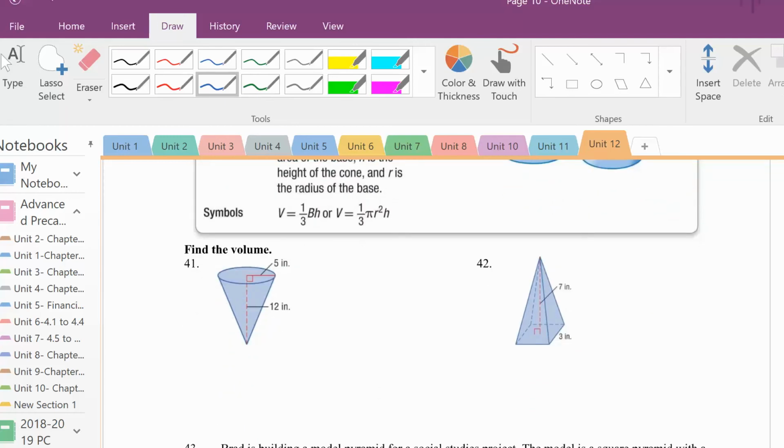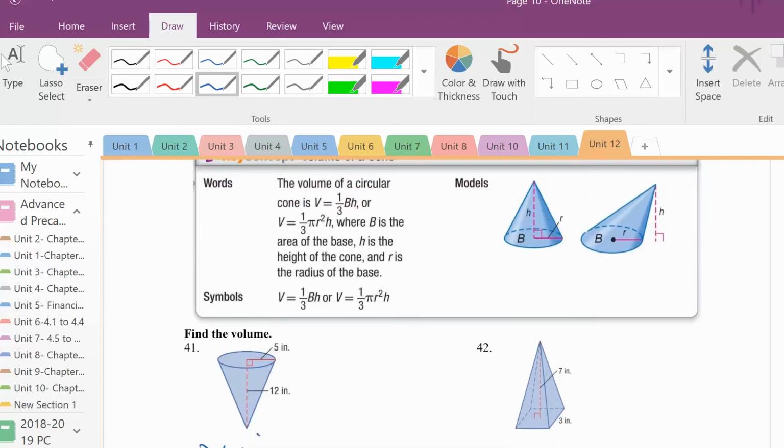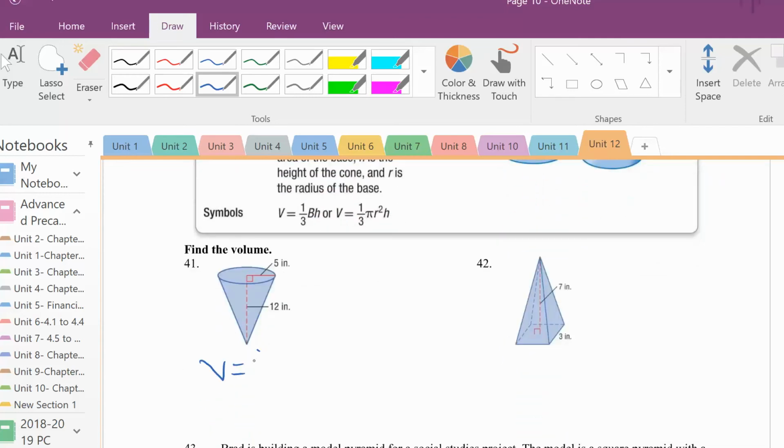Here, this is the volume of a cone, which is also 1/3 base times height, which is 1/3 pi 5 squared times 12, not 13.